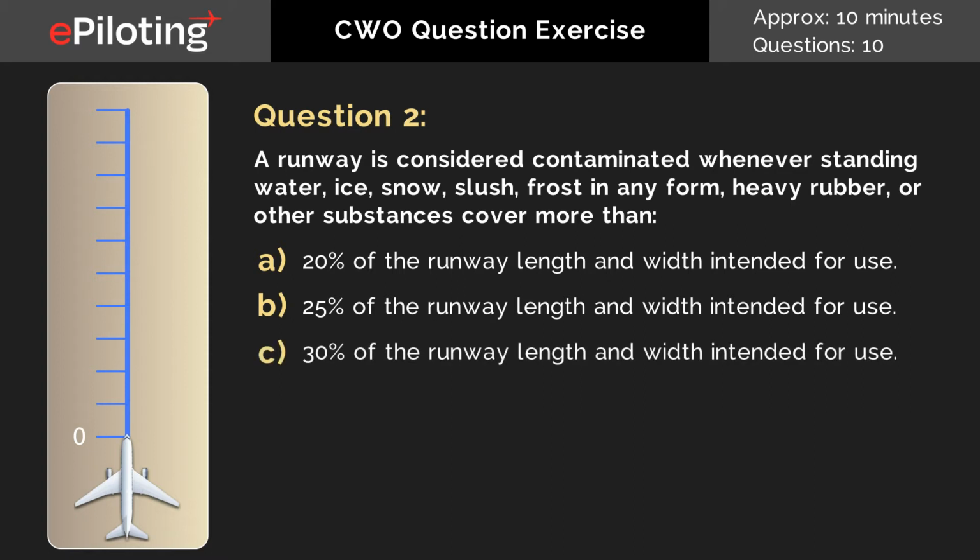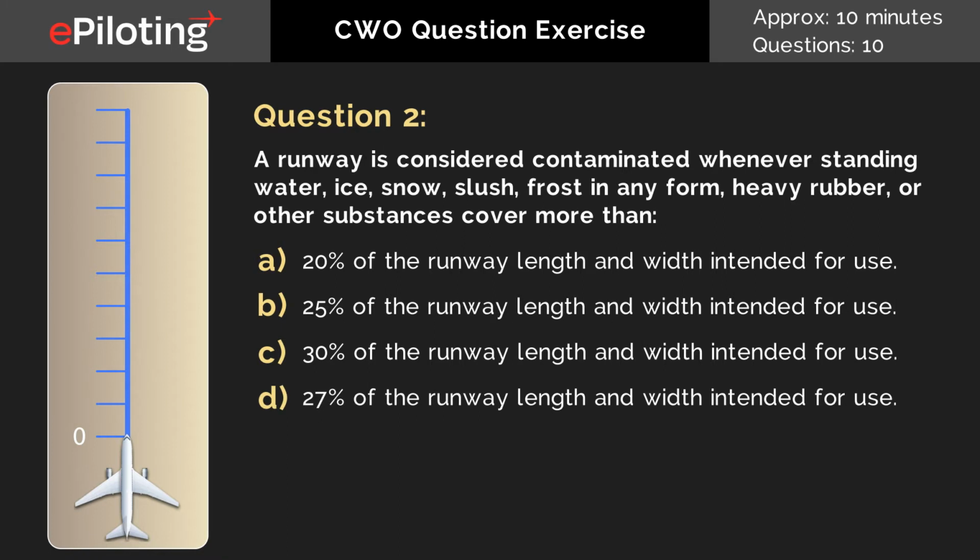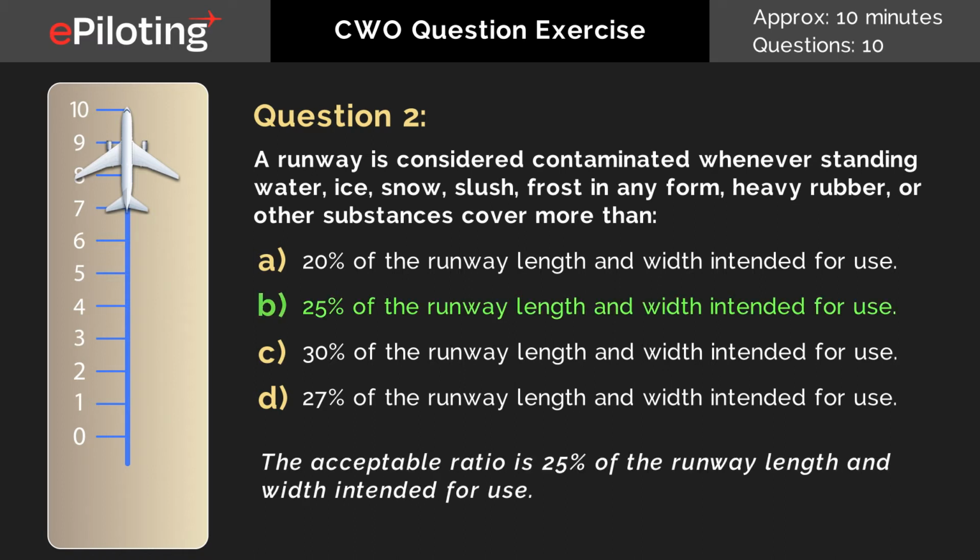C. 30% of the runway length and width intended for use. D. 27% of the runway length and width intended for use. The correct answer is B. The acceptable ratio is 25% of the runway length and width intended for use.